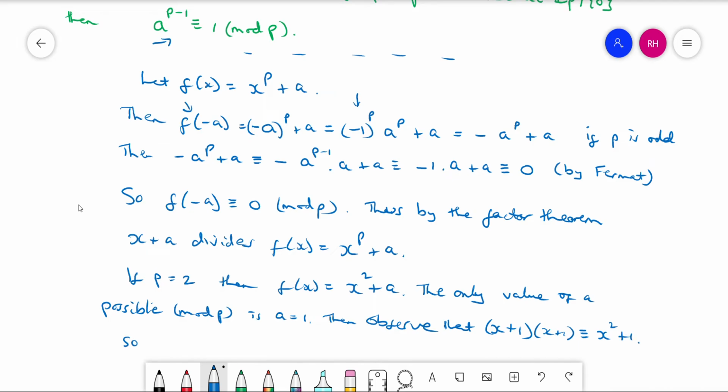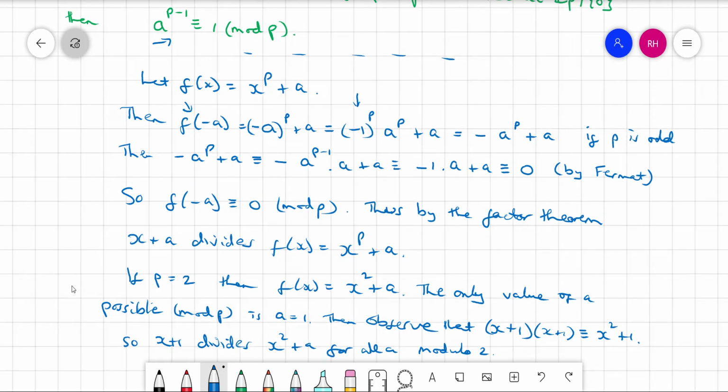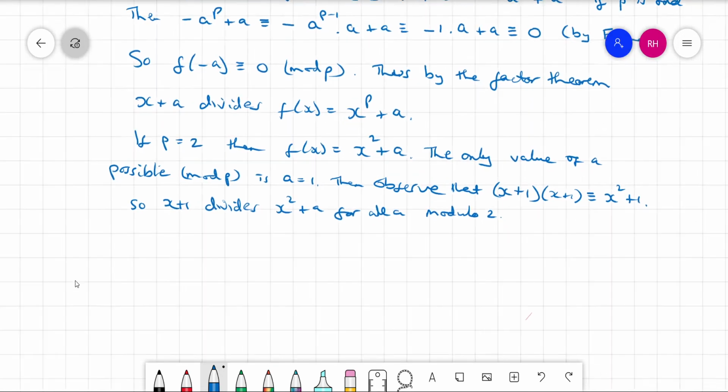So x plus 1 divides x squared plus a for all a modulo 2. Oh, I should write it in properly, modulo 2. So I think that'll work.